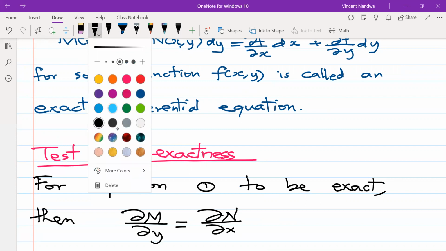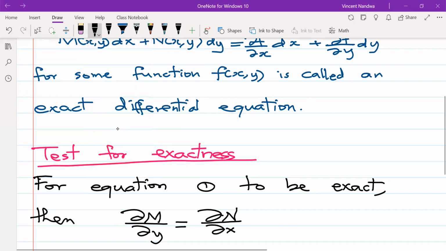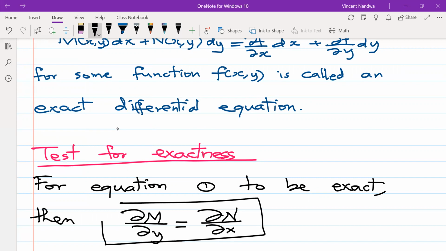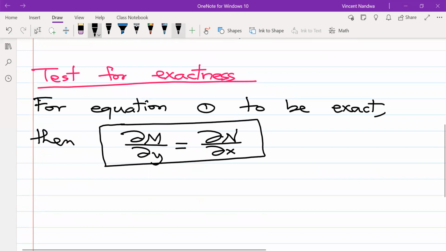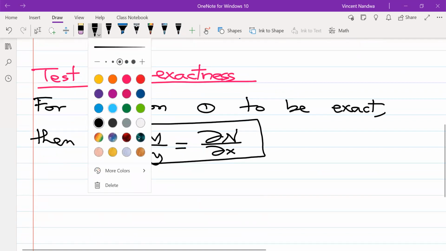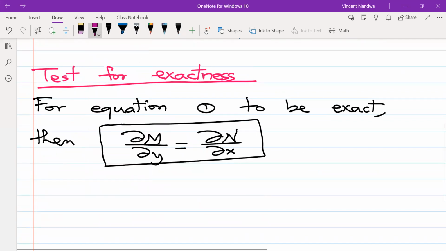So this is a necessary condition for 1 to be exact, that partial M partial y equals partial N partial x. So we can give examples.